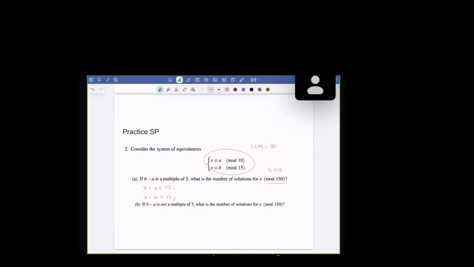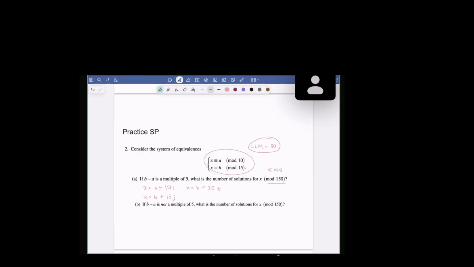Then when we take the least common multiple of 30, we know the general equation should look something like x is equal to some k plus 30, let's just make it some other variable.